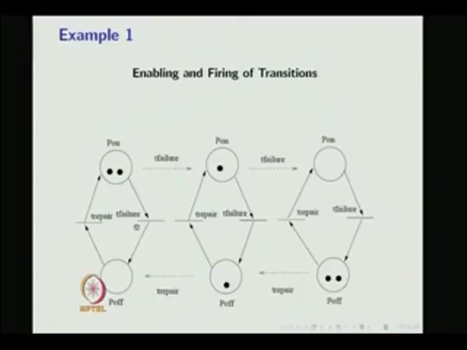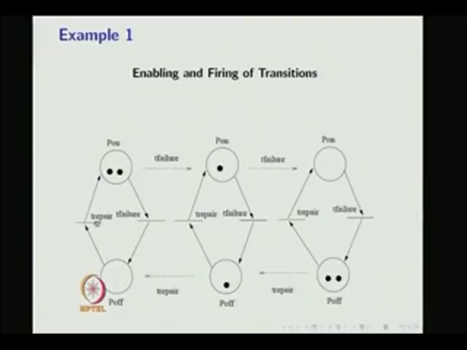Whenever the conditions are satisfied, then the transition will enable first, then it fires. Since two tokens are in the place P on, the transition T failure enables, whereas no token is in the place P off.